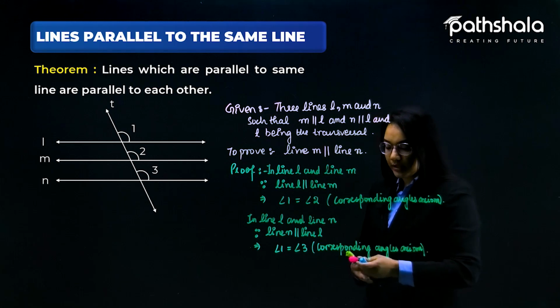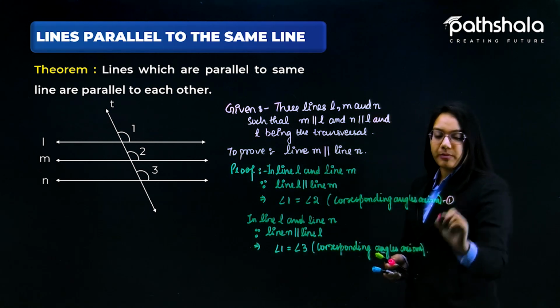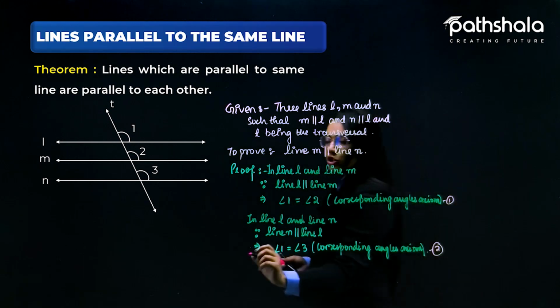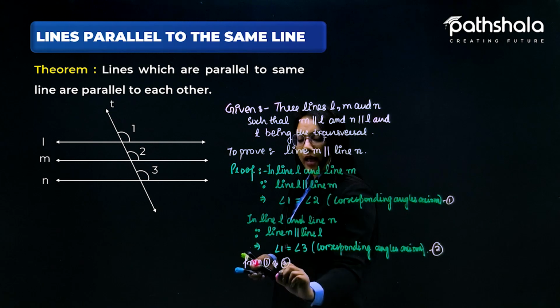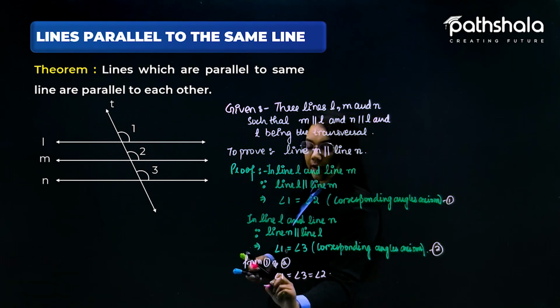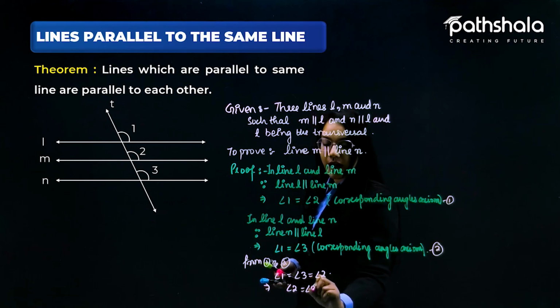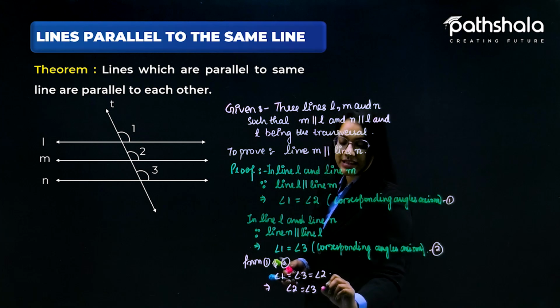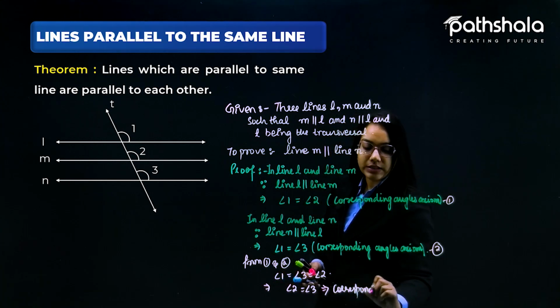Now, what can we say about these two conditions altogether? Let us take them as 1 and 2. From 1 and 2, angle 1 is equal to angle 3, which is equal to angle 2. Furthermore, we have concluded that angle 2 is equal to angle 3, which implies that they form corresponding angles.